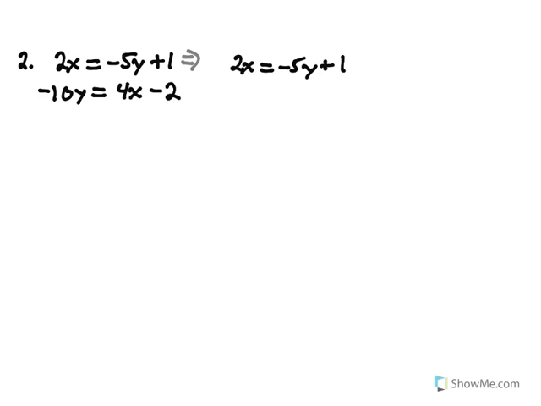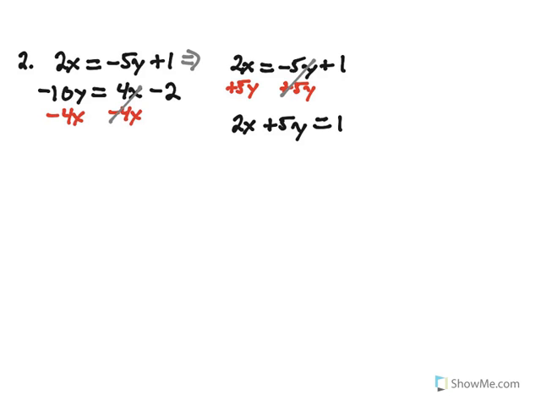I am going to go ahead and bring the 5y over to the left. And that way, this will cancel. And then you're just left with 2x plus 5y equals 1. And then this equation here, it's probably going to be a good idea to subtract the 4x on both sides.